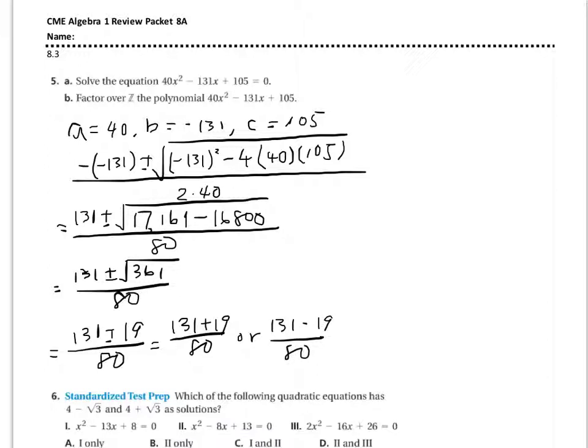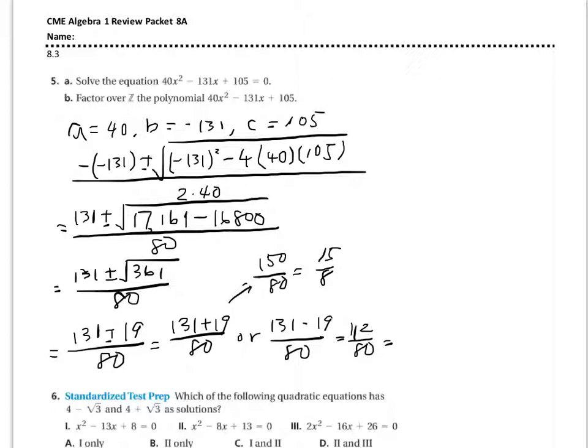So 131 plus 19 is 150, divided by 80 is 15 over 8. And also we have 131 minus 19, that's 112, divided by 80.